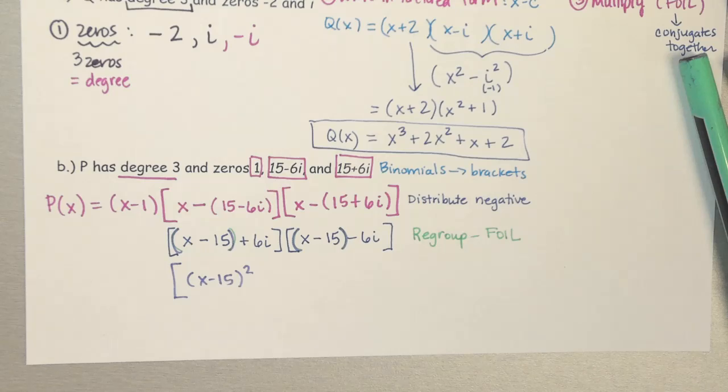The inside and the outside, because they're conjugates, what's going to happen? If they're conjugates, the inside and the outside should do what? Should cancel. So then let's do the last times the last. So what's 6i times negative 6i? Negative 36i squared.